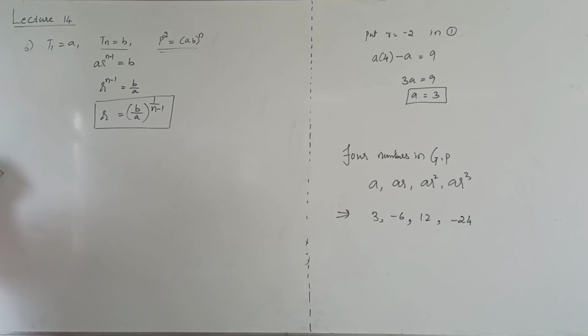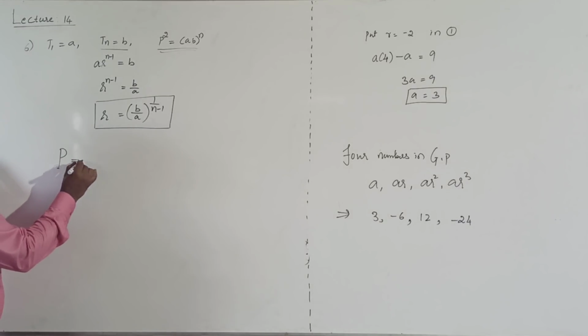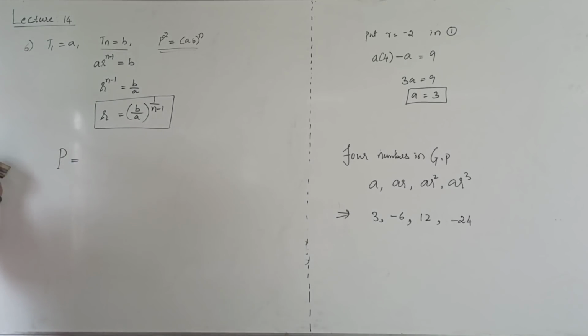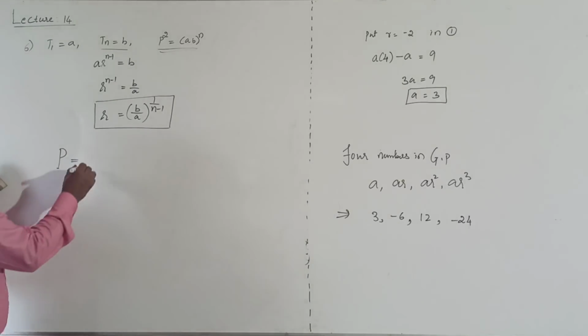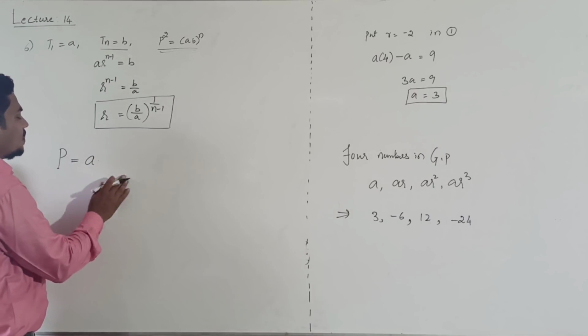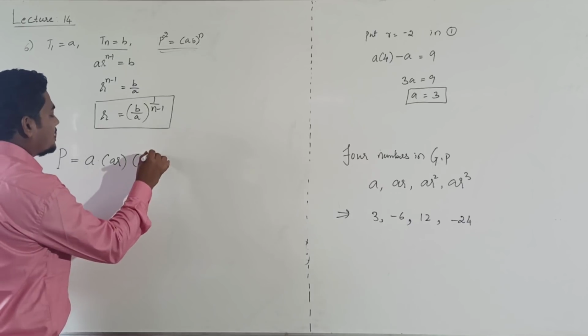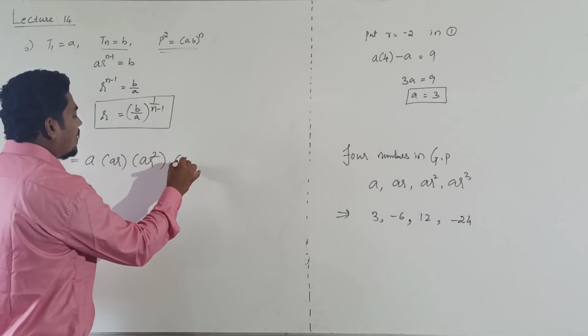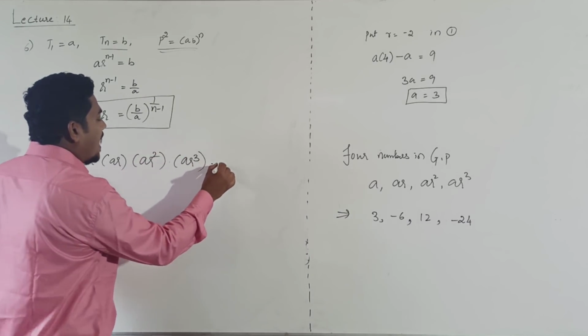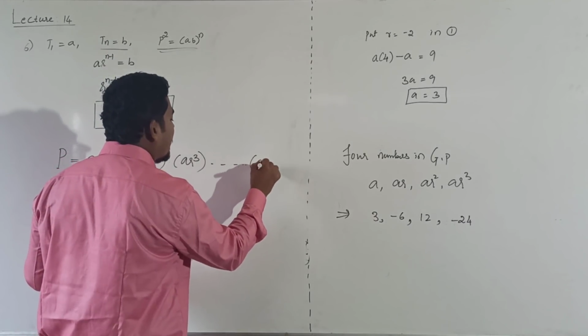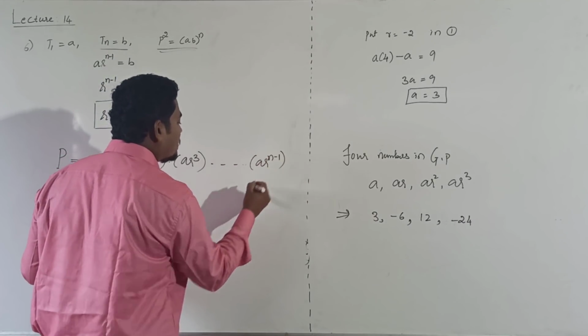What do we need? The product of the first n terms. Capital P represents the product of the first n terms of the GP. P is equal to a into ar into ar squared into ar cubed and so on, into ar^(n-1).